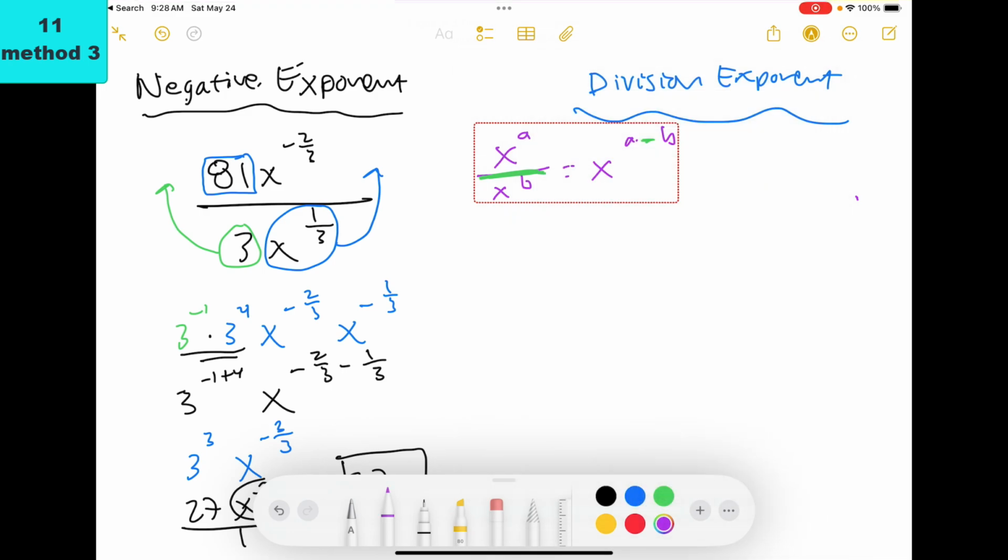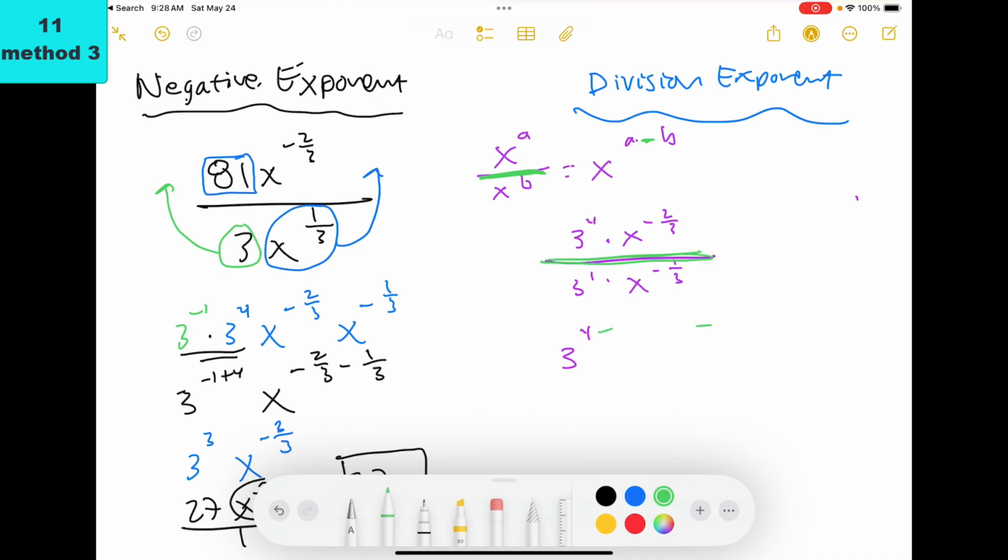So again, if you turn 81 into 3 to the 4th power, you have 3 to the 1st power, that's x to the -2/3, x to the 1/3, and if you just apply what we just said, same base, you have multiplication there, so it'd be 3 to the 4. Let's use that green again. So that big division sign becomes a minus sign. Do it over here too.